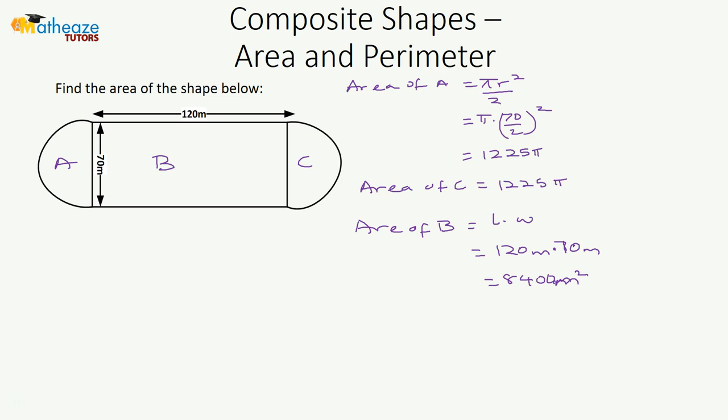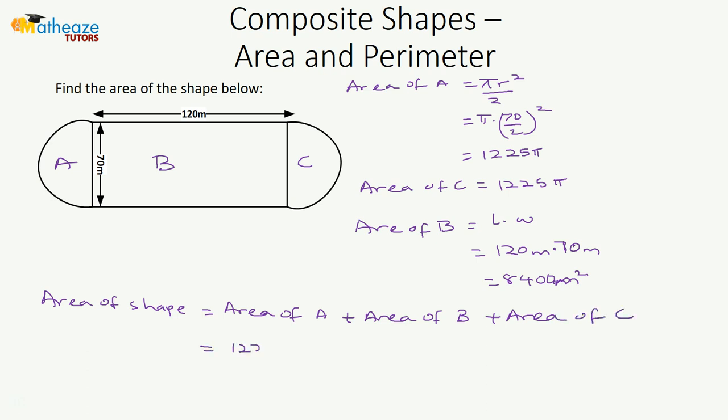So area of the shape is area of A plus area of B plus area of C. So this is going to give us 1,225 pi square meters plus 8,400 square meters plus 1,225 pi square meters.